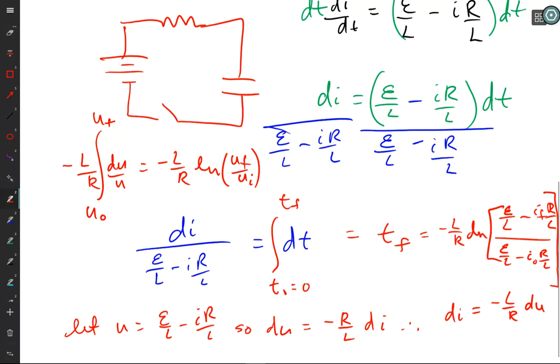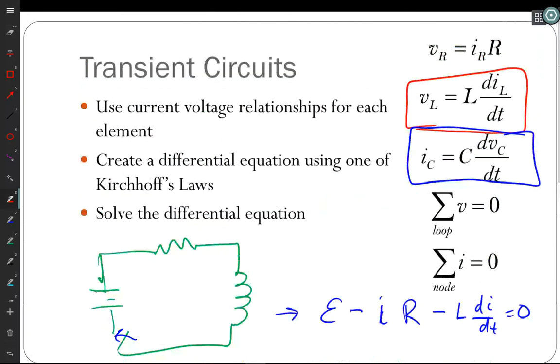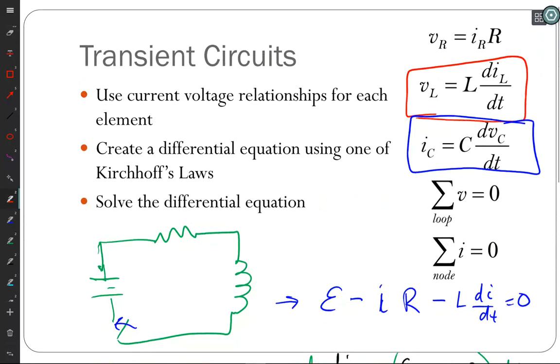So I do the exponential on both sides, well, move the L over R across. I don't have space to write, and I'm out of time. You would have minus R over L time final. Take the exponential, e to the minus R over L time final is equal to the stuff that's in brackets on the right-hand side, and then you solve for I. And so that's the process that you would go through for the transient circuit if I were to give you one.